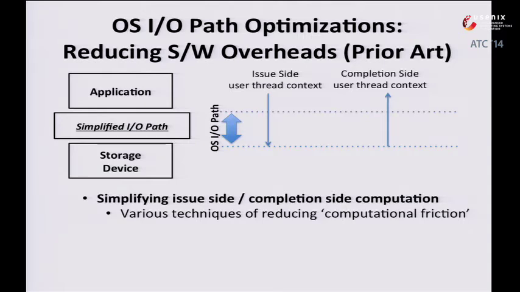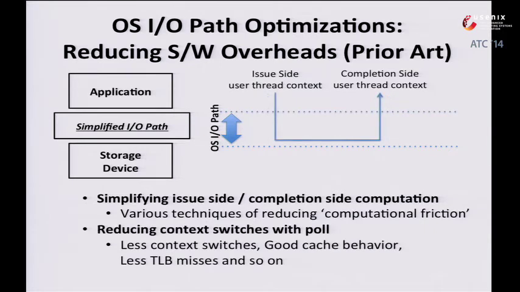And among all those techniques, one interesting optimization was polling, about reducing context switches by having the issuing thread hold the CPU, busy waiting until the device finishes the work. And this was particularly efficient because the access latency of the underlying device was under about 10 microseconds, like 4 or 5, assuming the use of PCM or even DRAM for prototypical research platforms.